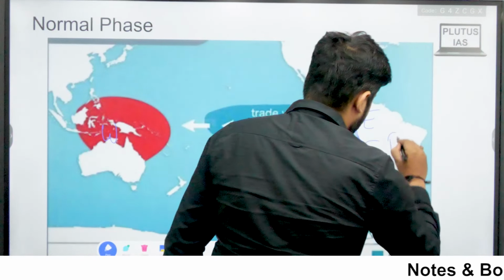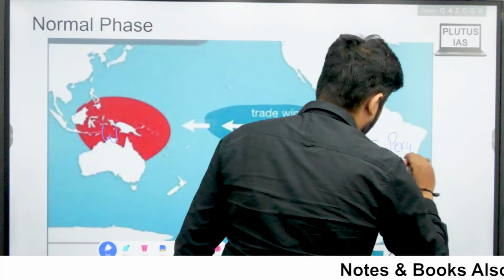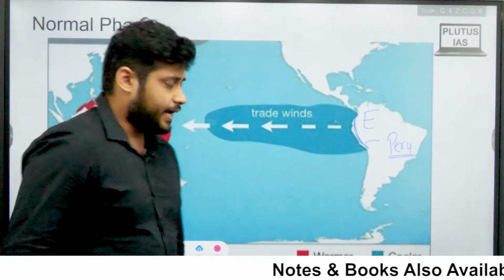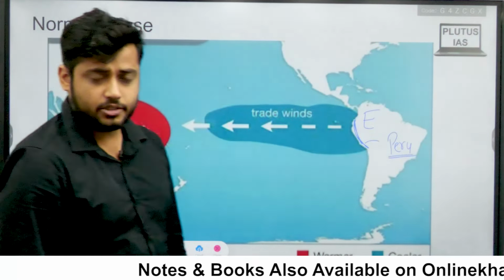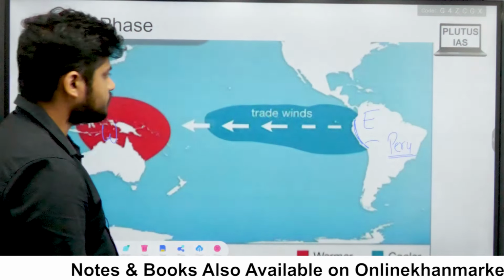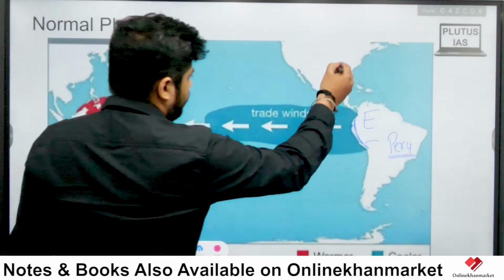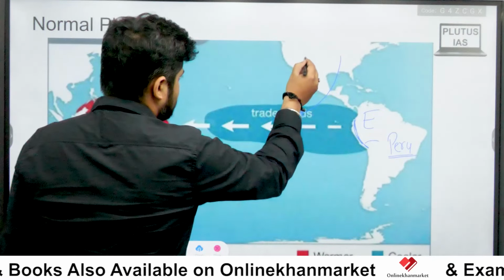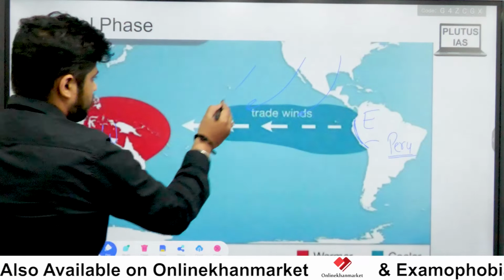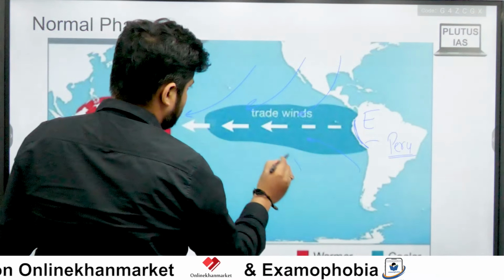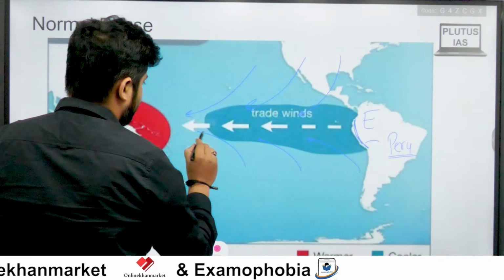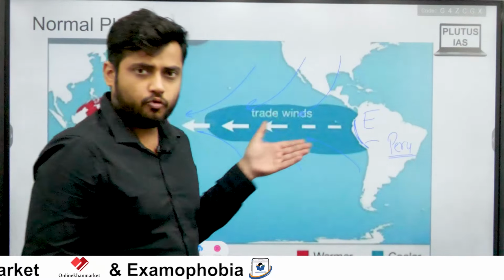Which country lies here? This is Peru. And this is the Australian coast, Indonesia and Eastern Australia. So normally the trade winds are moving in such a direction, like this. Near the equator, these are moving from east to west.